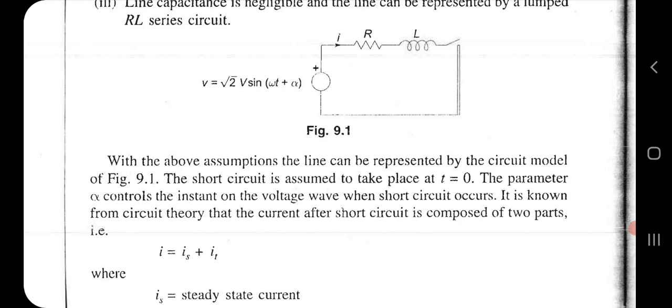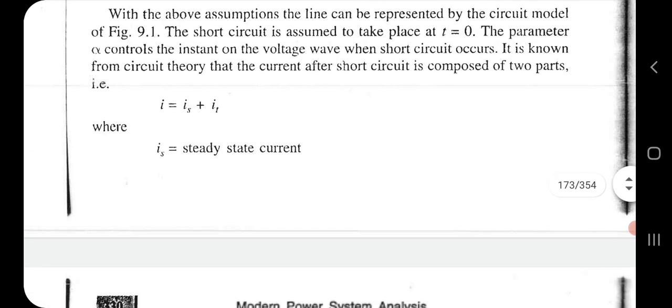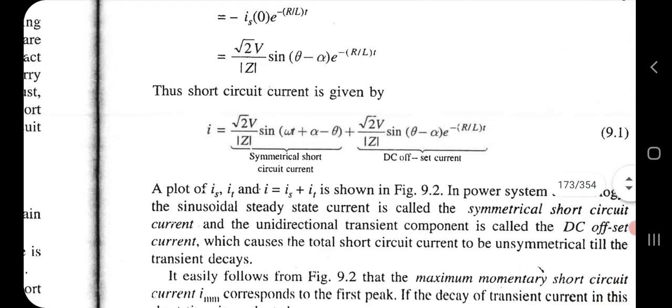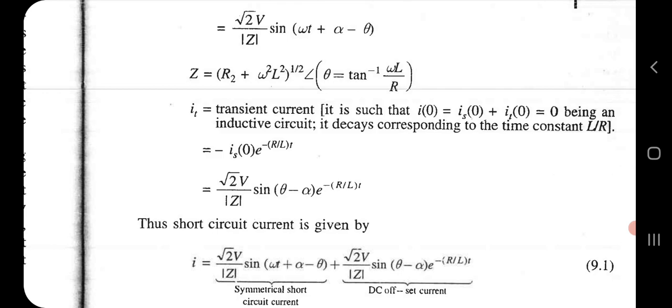The current is i equals i_s plus i_t, where i_s is the steady state current. Now we put in the values and get the combined value.